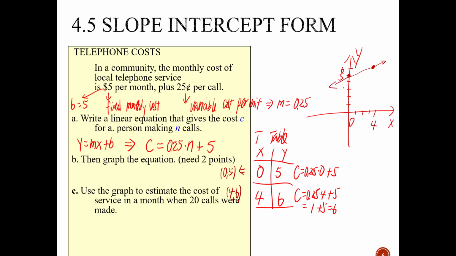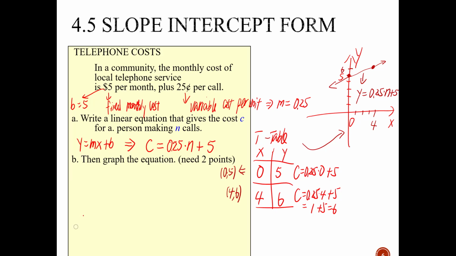And that's how we're using the t-table, creating a graph of the linear equation. If you want, you can label this y equals 0.25 times n. Right? I guess we can do c equals 0.25n plus 5.